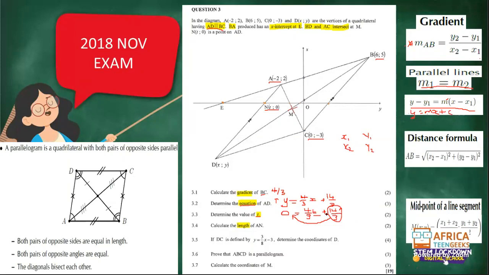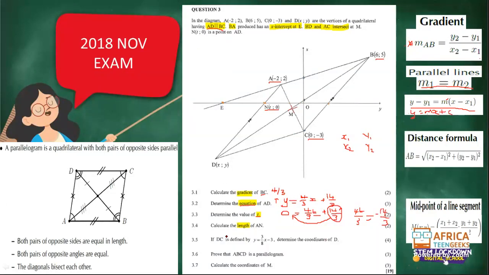Okay, so just note that you will have a -14/3. So you will remain with 4t/3, which equals -14/3. Okay, because your 14/3 went to the other side.